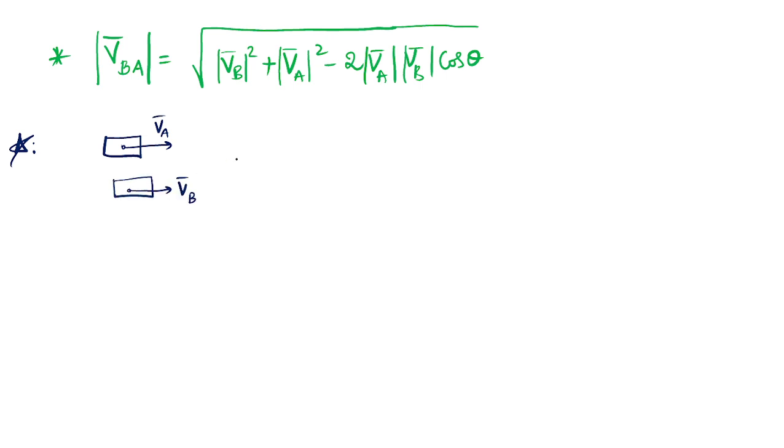What is the angle between them here? 0 degrees. If I place 0, it will be minus only. So VB square plus VA square minus 2 VA VB. So the total answer will be VB minus VA. Can I write like that? Yes or no? Because it is a whole square, VB minus VA whole square will come.